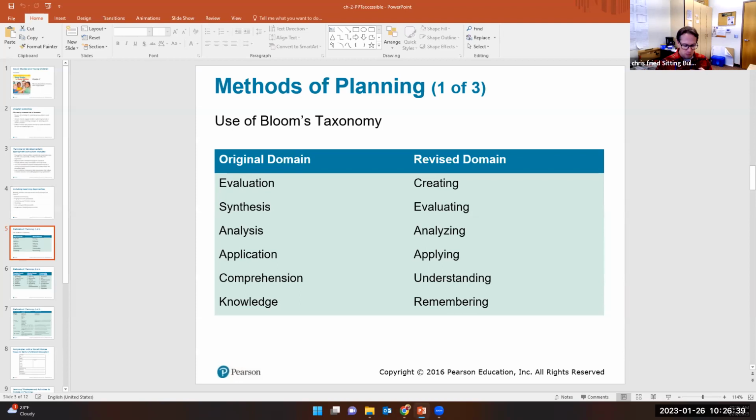So Bloom's taxonomy basically is an organization, a hierarchy of objectives, or levels where we can be working at in regards to the difficulty of things that we have students do, or the level of our thinking.